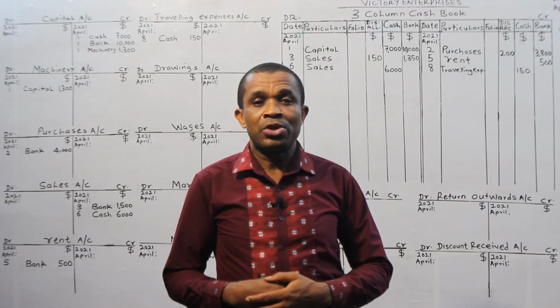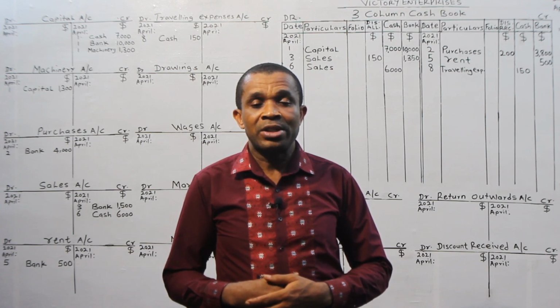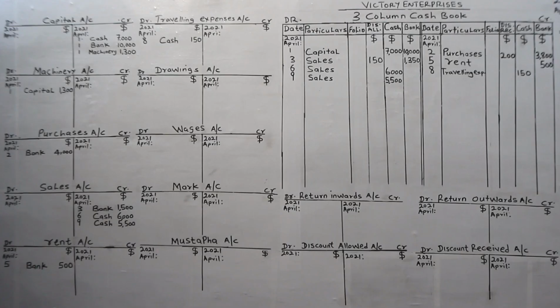April 9th, sold goods for cash $5,500. Of course, when goods are sold for cash, the cashier receives the amount and is debited, while the sales account is credited for giving out the cash from sales to the cashier.